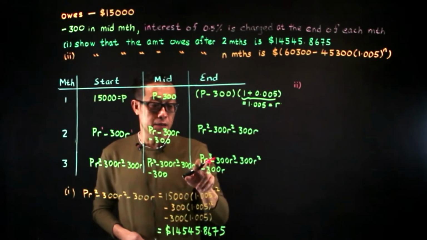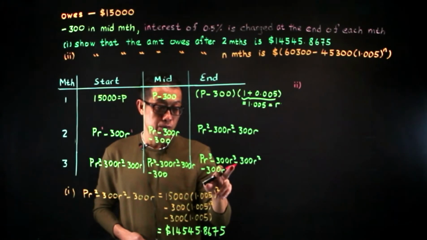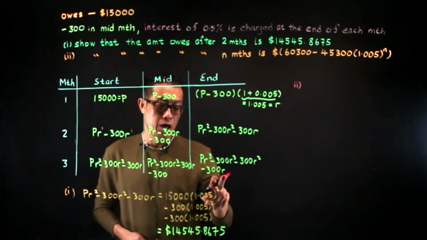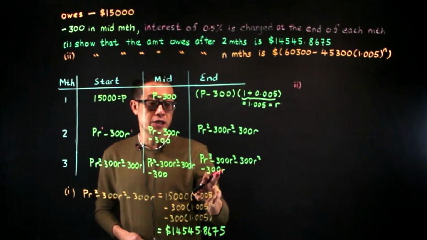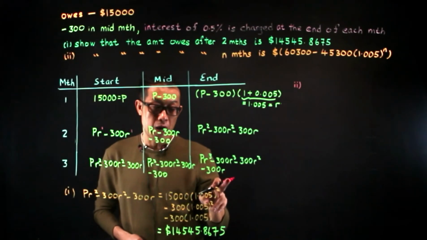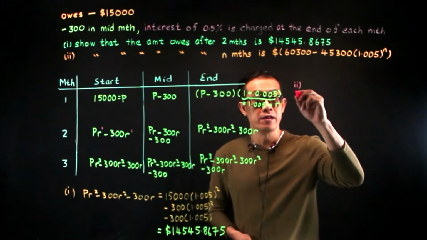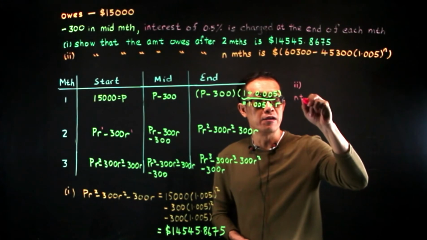The R becomes R cubed over here, and this becomes R squared and R. The last term will be minus 300 times R. So likewise, for the nth month, you will find that, let me write this down, n month.